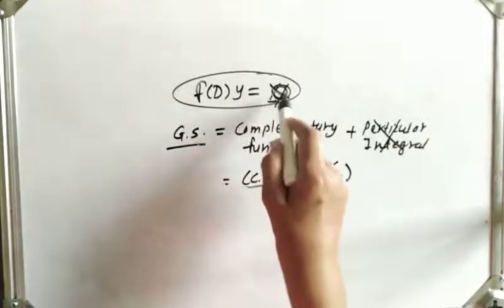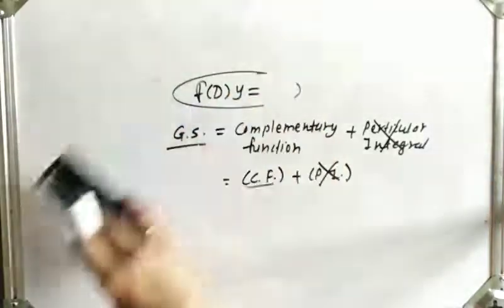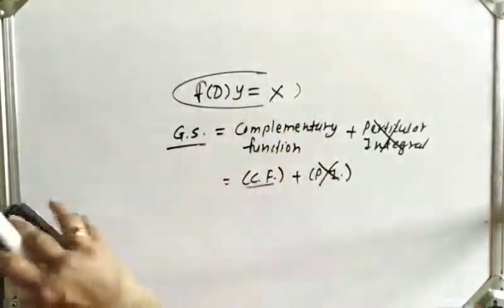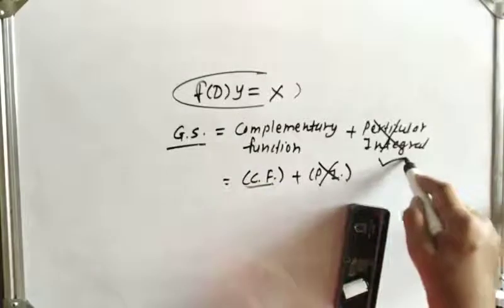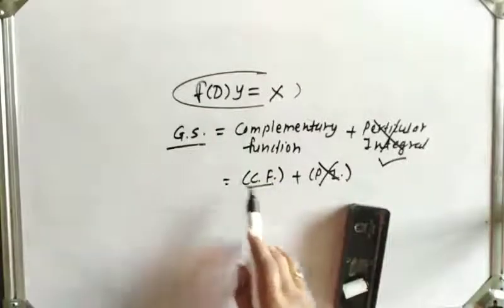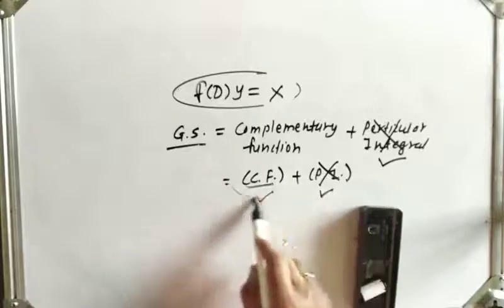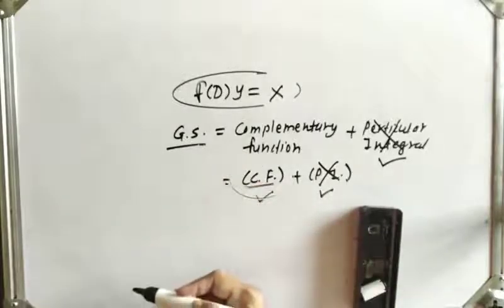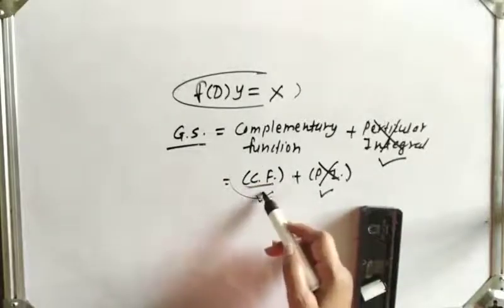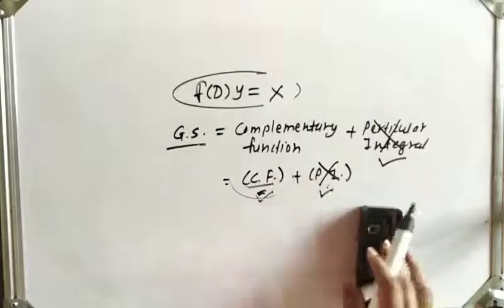Here there is some non-zero function on the right side. In that case the particular integral exists, so the general solution will be the complementary function plus the particular integral. We have seen how to calculate the complementary function, and now let us see how the particular integral is calculated. So first let us write down these things.